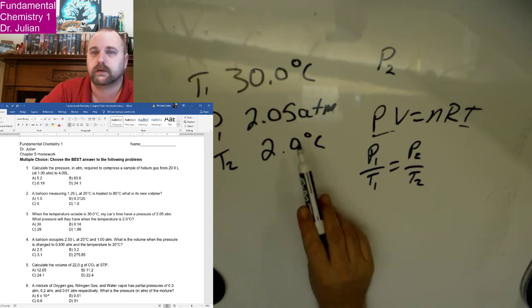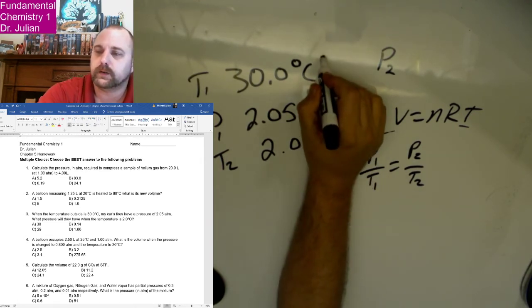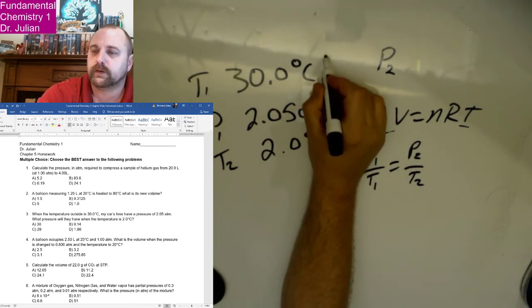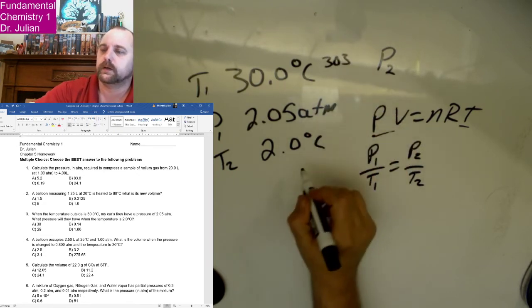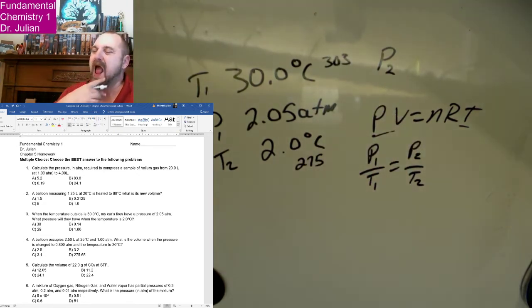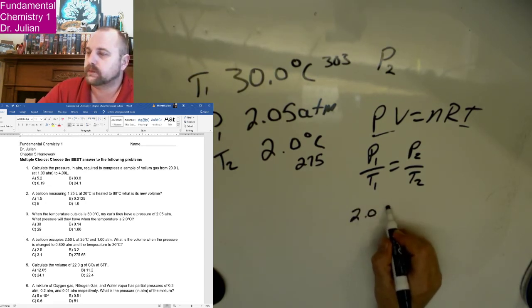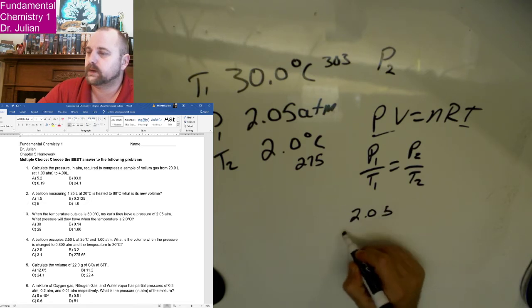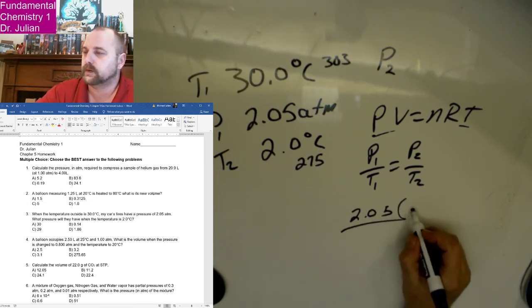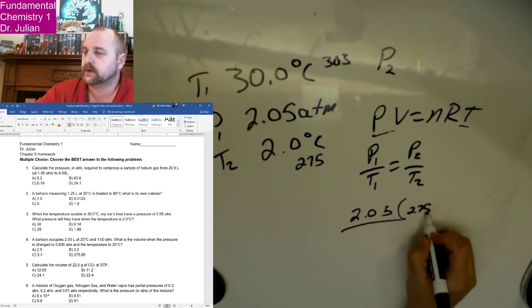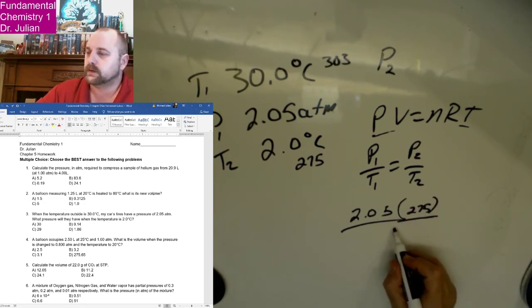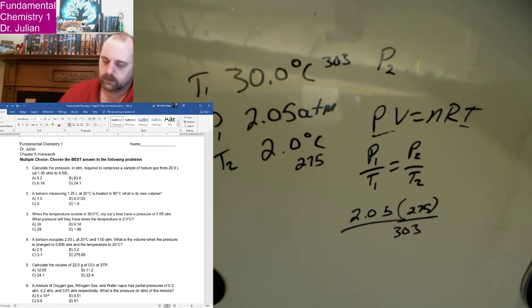Again, need Kelvin, so 30 plus 273 will be 303, and this will be 275. Pressure 1 is 2.05, times T2, which is 275, divided by 303.